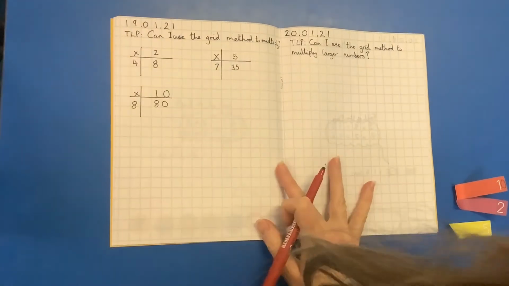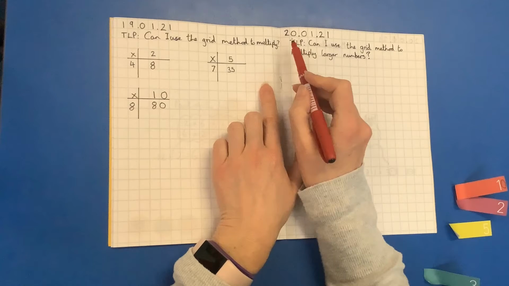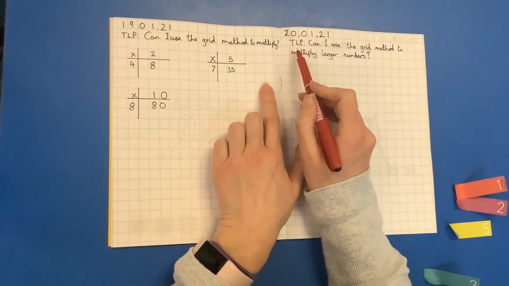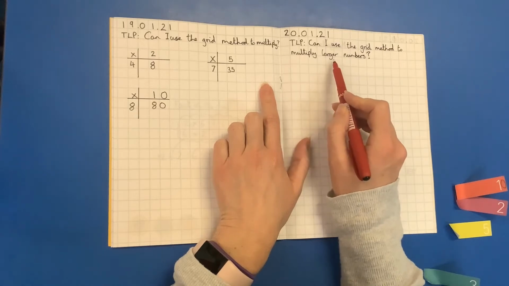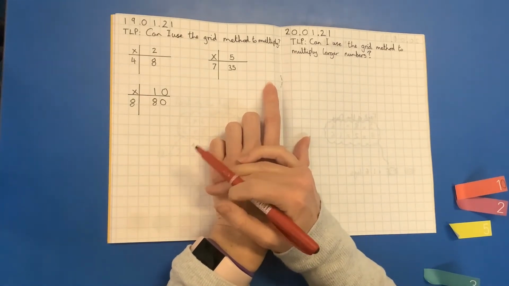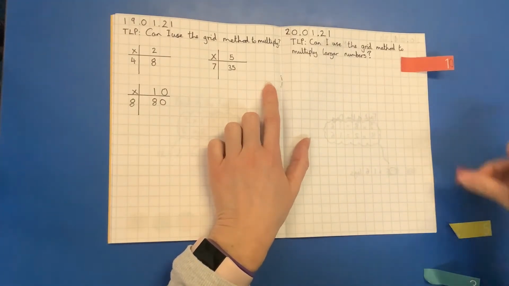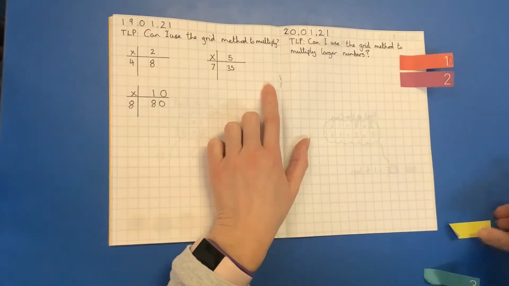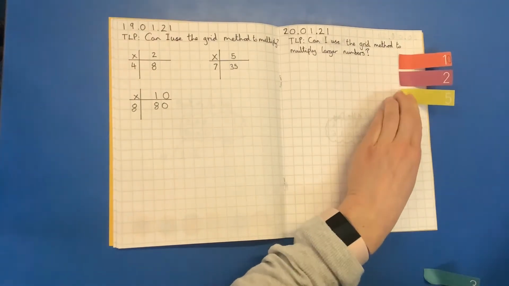Okay, so we're going to be continuing today with a very similar TLP from yesterday. So the short date and then the TLP, can I use the grid method to multiply larger numbers? And what I'd like you to do today is level up. If so far you've been doing the 10s, 2s and 5 times table, look at these lovely fancy sticky notes I found.